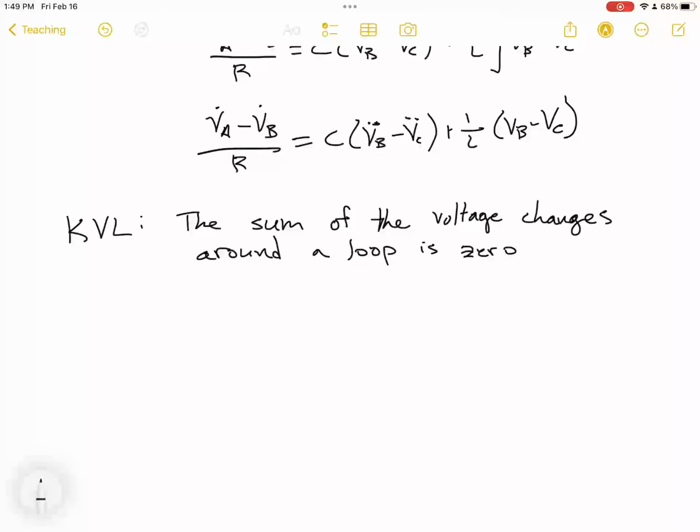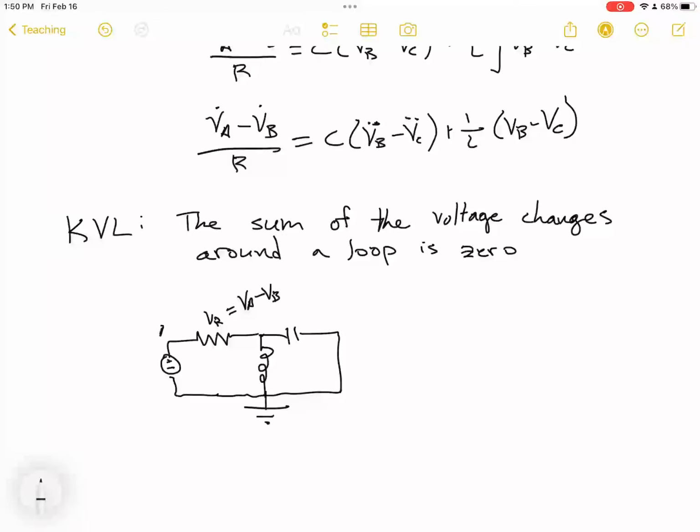So if we draw the same circuit, some resistor, some inductor, and some capacitor, and we'll go ahead and connect all of that and connect it to ground. There's some voltage here, I'll call it VR, which is equal to VA minus VB.